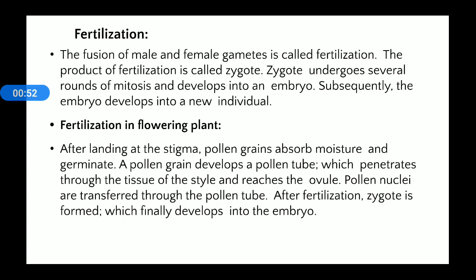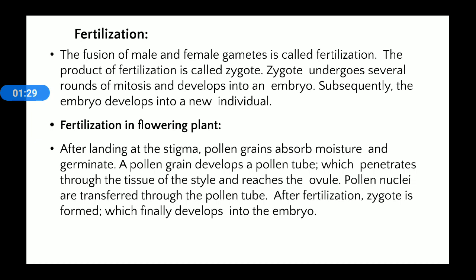This zygote further develops into an embryo inside the mother's body, and the zygote undergoes rapid division to form the embryo. The embryo is a multicellular structure, and after its formation it further develops into a new individual. Fertilization takes place in plants as well as in animals and humans.